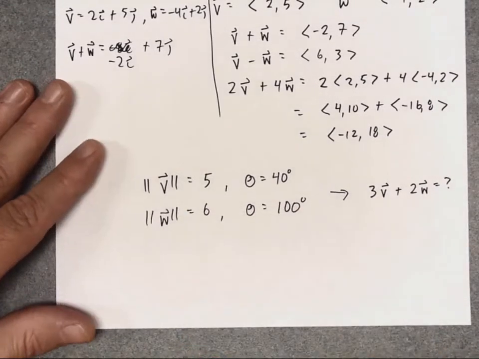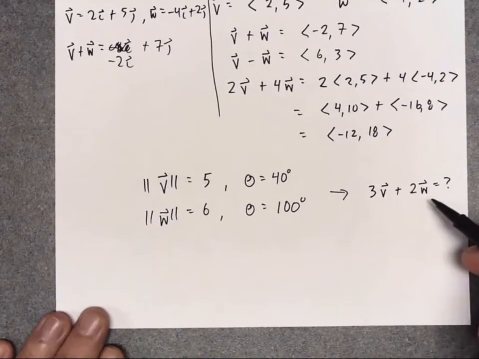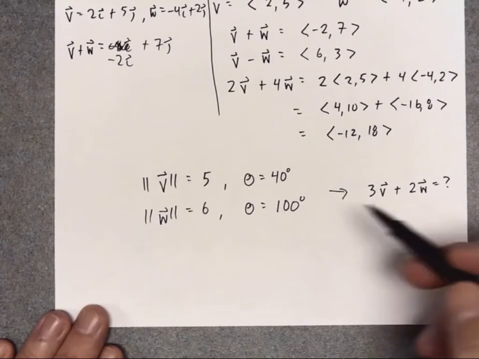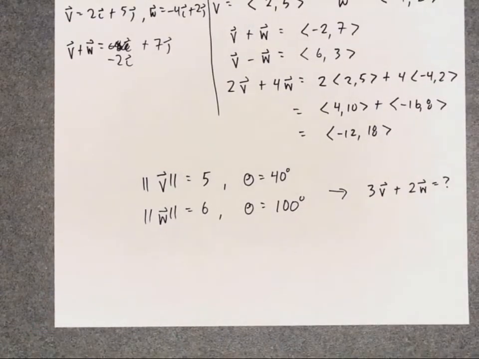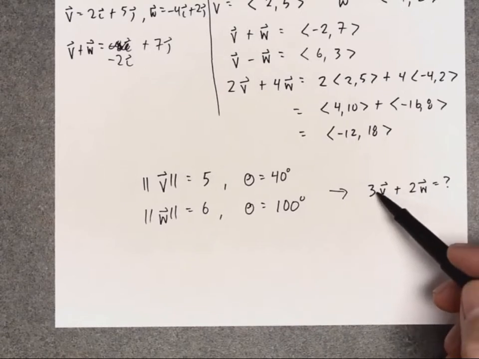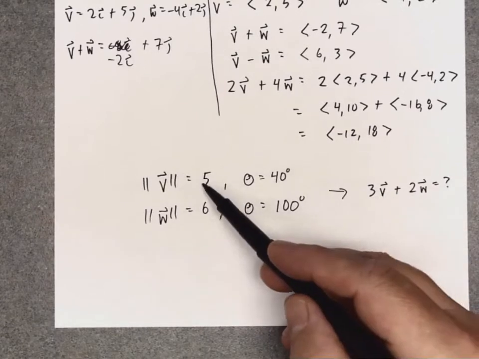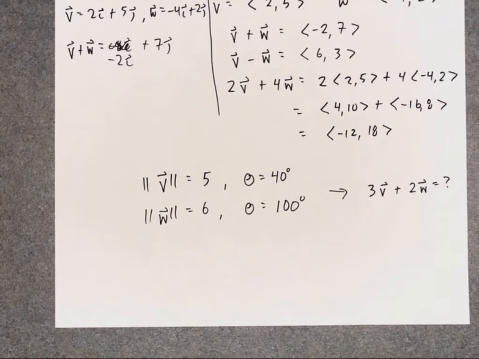And these are my original vectors. So how can I do this if my original vectors are in magnitude and direction? I don't know, can I multiply vector v by 3 times the magnitude, 3 times the angle? No, that actually would not work.